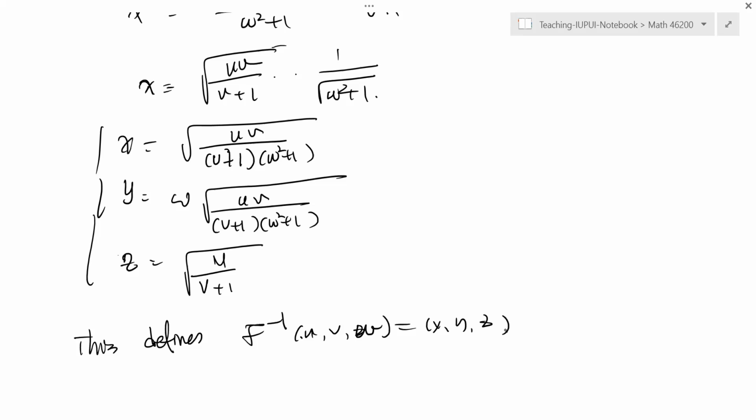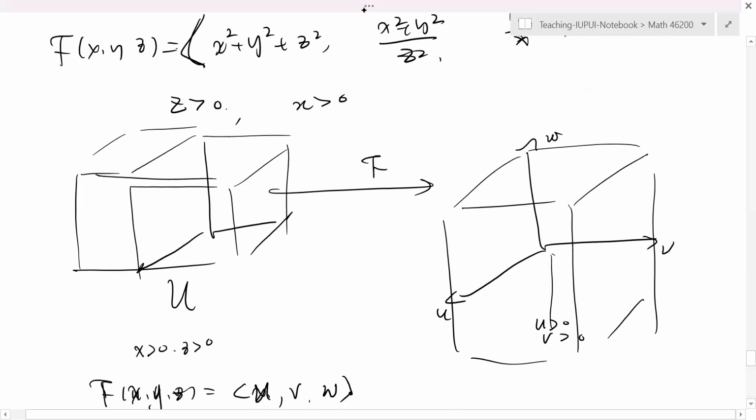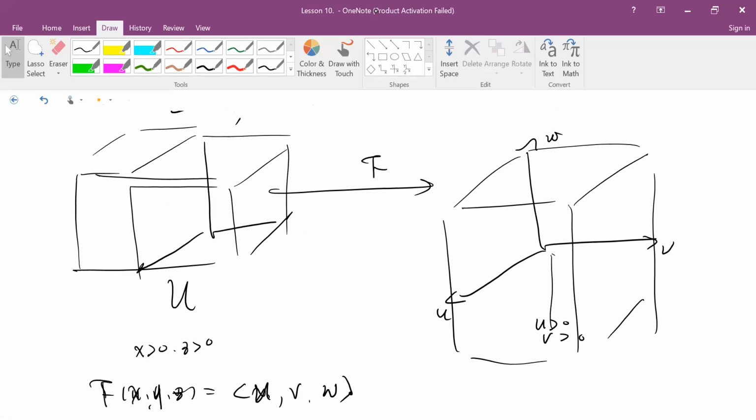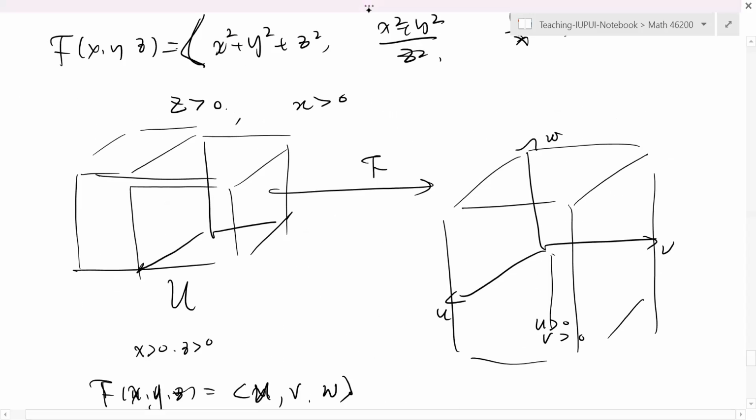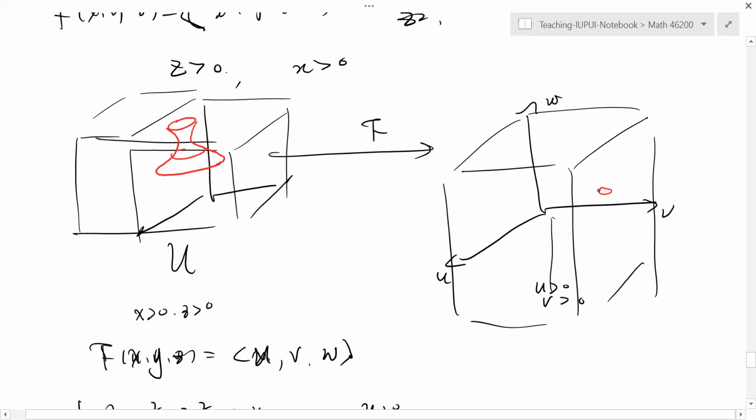Take a nice ball here, or whatever picture, and under this diffeomorphism in three-dimensional space it's harder to imagine how it looks. Only with a computer maybe you can see that. It's very special.